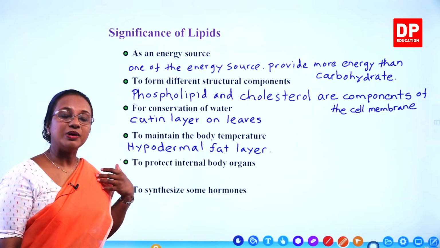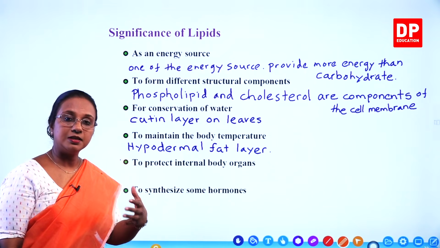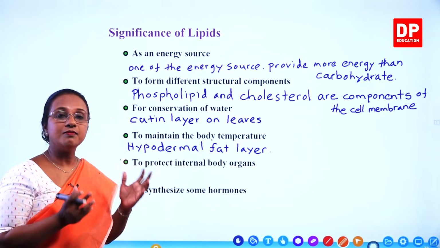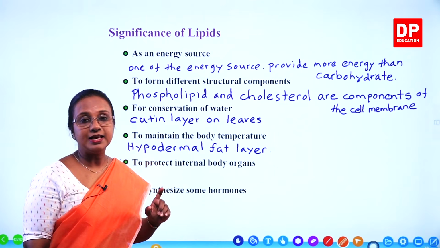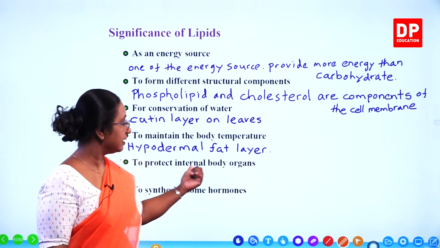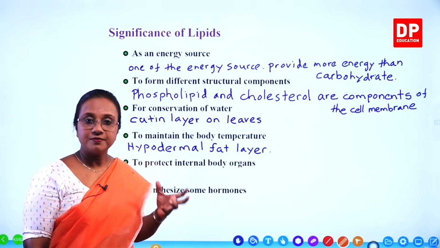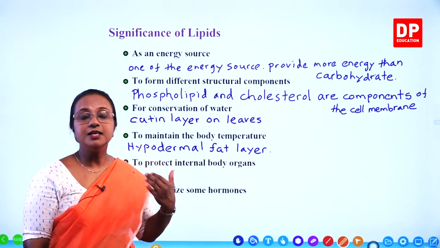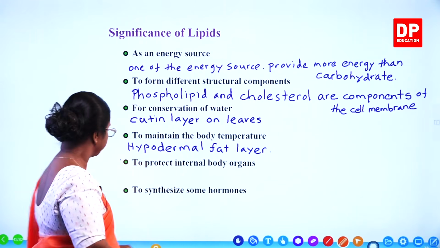Then if we look at certain organs like heart, stomach, these organs are covered with a fat layer, and this fat layer absorbs shock and protects the internal body organs. So there is a fat layer that protects internal body organs from shock.